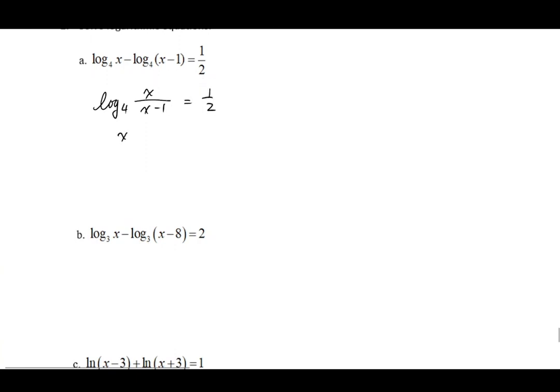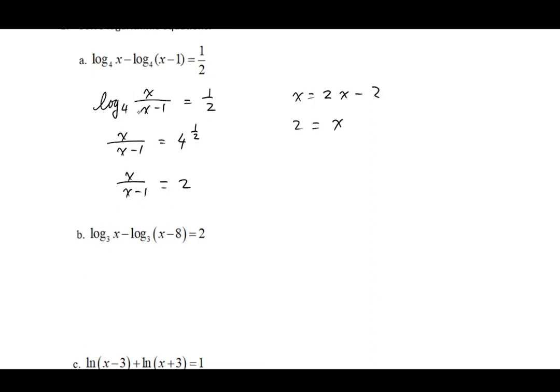So we have x over x minus 1 is equal to 4 to the 1/2 power. 1/2 power is the same as square root, so this is square root of 4. So x over x minus 1 is equal to 2. Multiplying by x minus 1, x is equal to 2x minus 2. Subtracting x and adding 2, x is equal to 2.